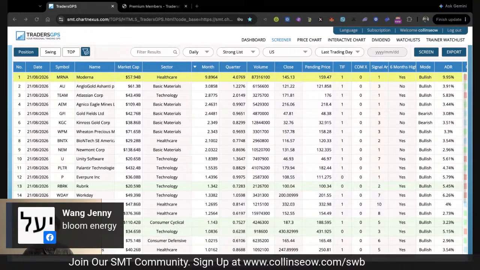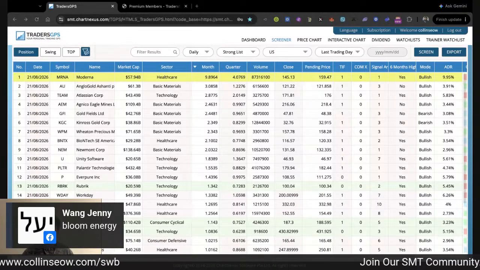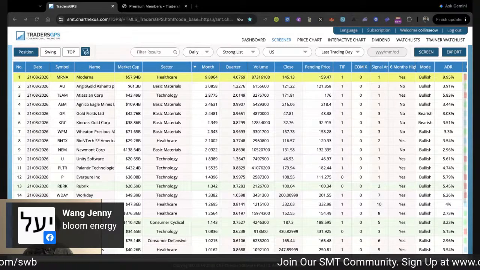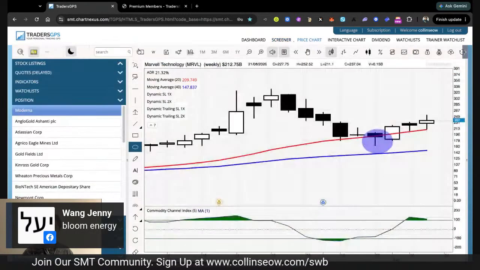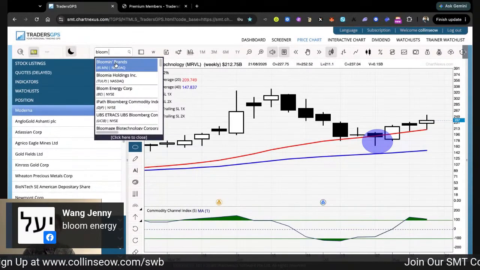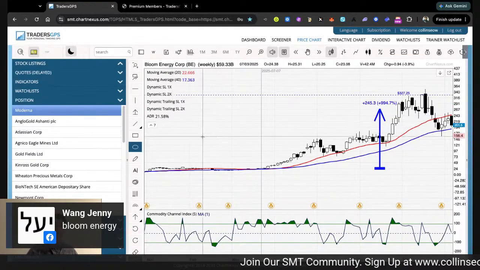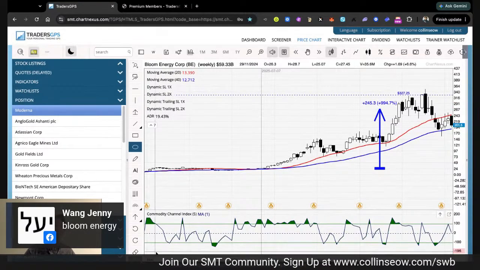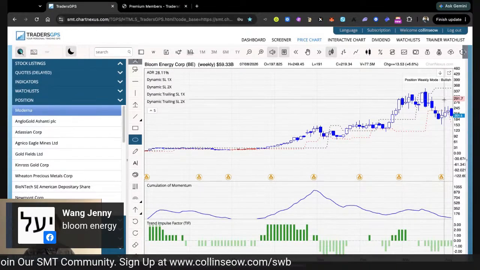Okay, Bloom Energy, let's take a look. The chart moves quite similar to the rest of the AI stocks, even though it's not an AI stock.